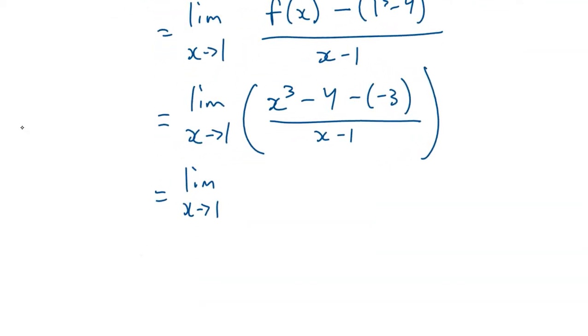So what does this look like? This looks like x cubed minus 4 plus 3, over x minus 1. Now what do I do? Who remembers polynomials? Difference of cubes?